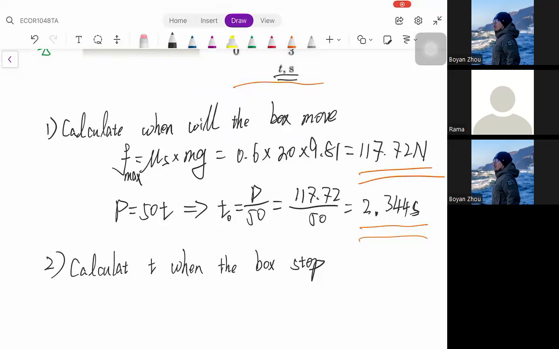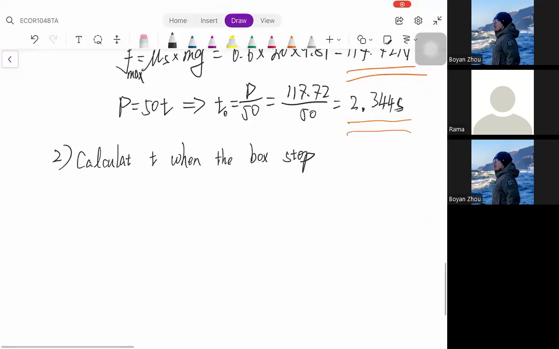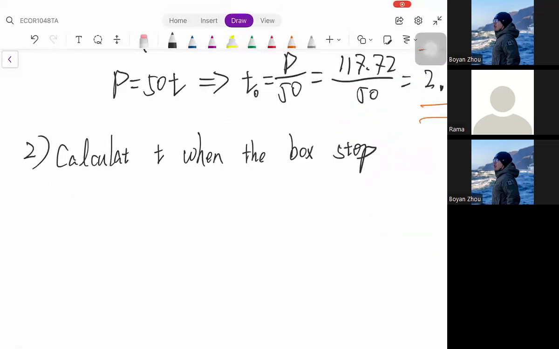I keep forgetting the name of the impulse. So same thing: M1 V1 plus F1 T1 equal to the momentum and the force and the impulse.